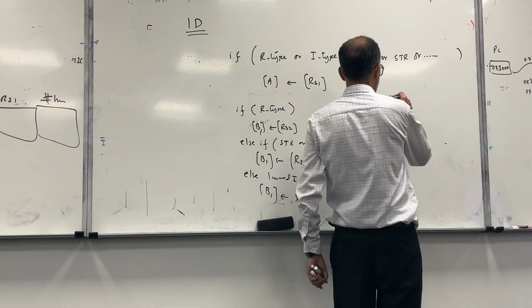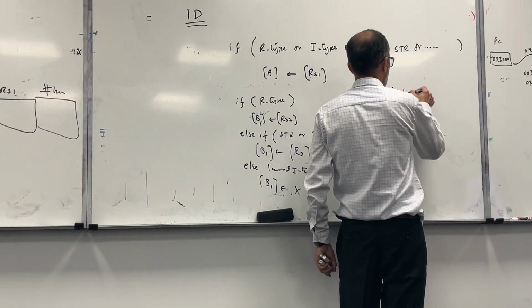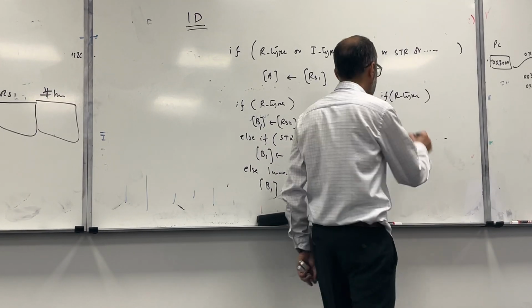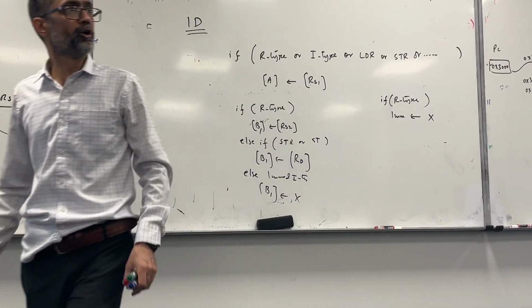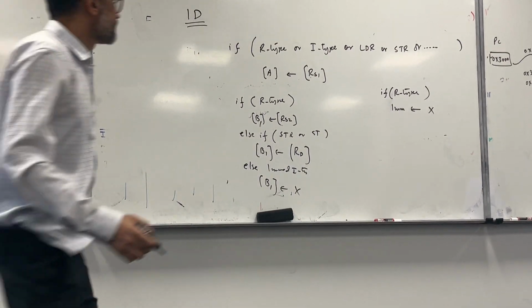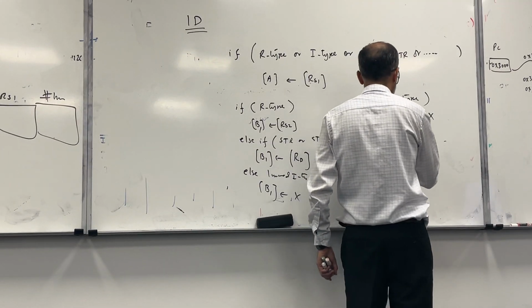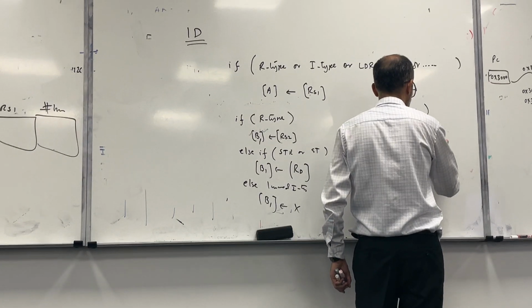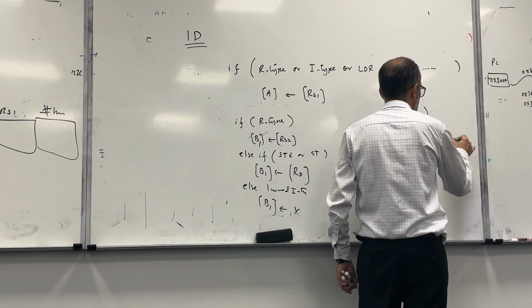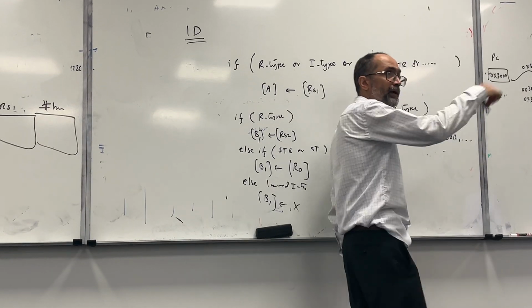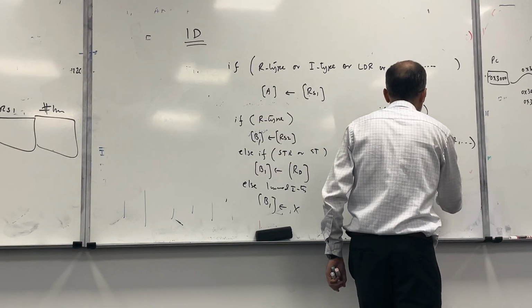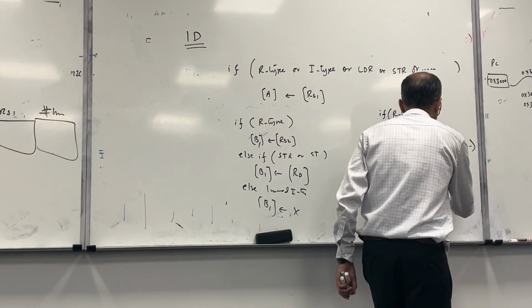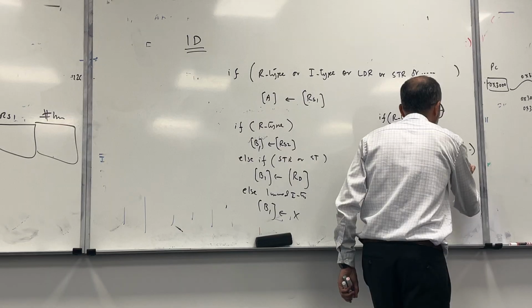If it is R type, the immediate field will be what? Don't care, you don't need it. Else, if it's I type, or LDR, or any instruction with an offset, what will be the immediate value? The immediate value will be the sign extension of what?